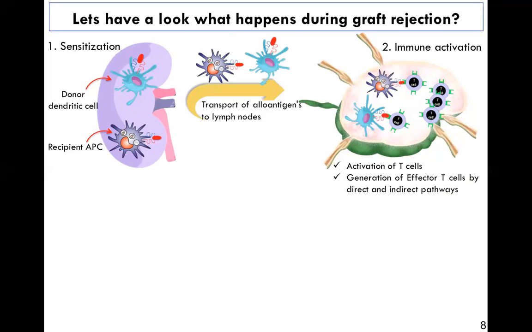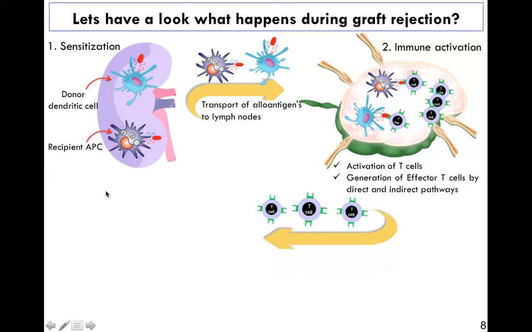Let's see what happens during the immune activation. There is activation of T cells, and then these T cells result in the generation of effector T cells by direct or indirect pathways. Both processes go the same way. Now we have a number of effector T cells. Let's understand again from sensitization.